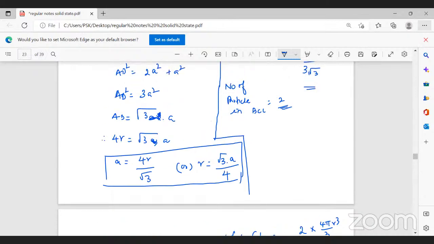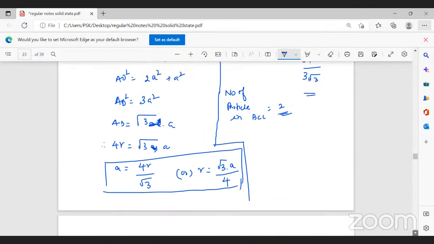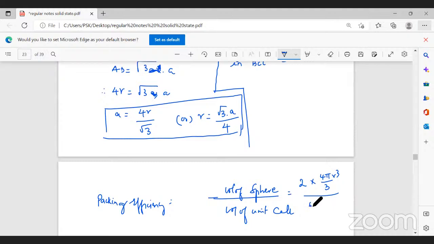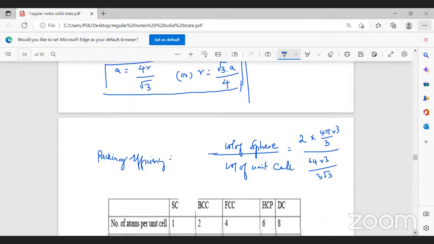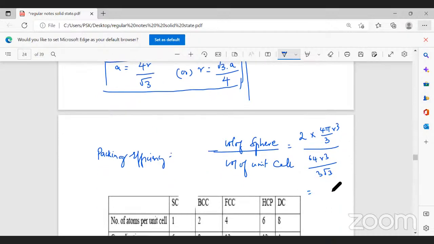We found out the volume of the unit cell is 64 r cube by 3 root 3. If you simplify this, you will get the value to be 0.68. That is 68%. So the packing efficiency of a body-centered cubic lattice is 68%. What is the free space?